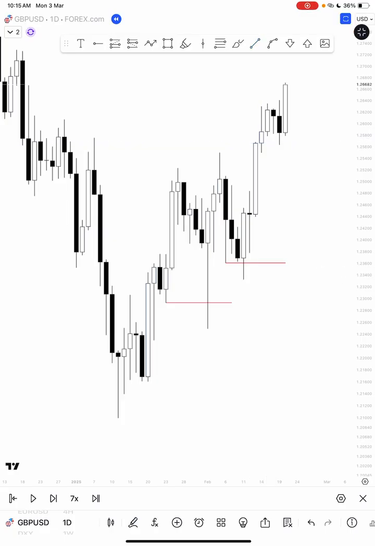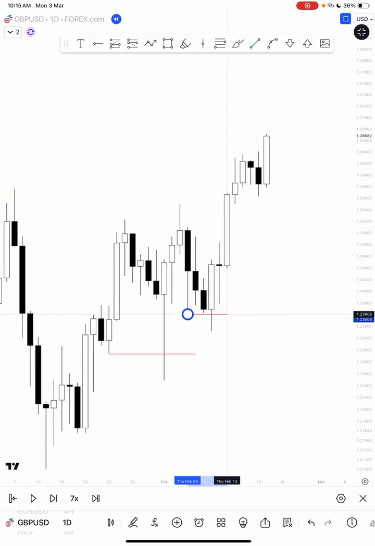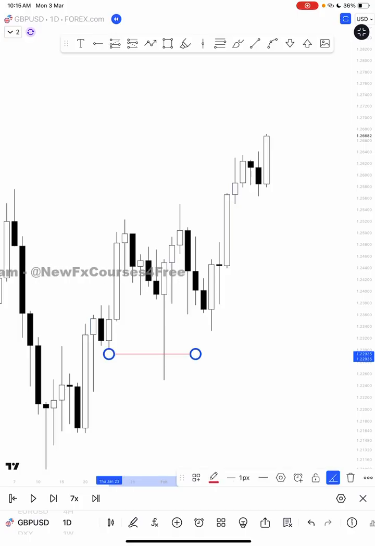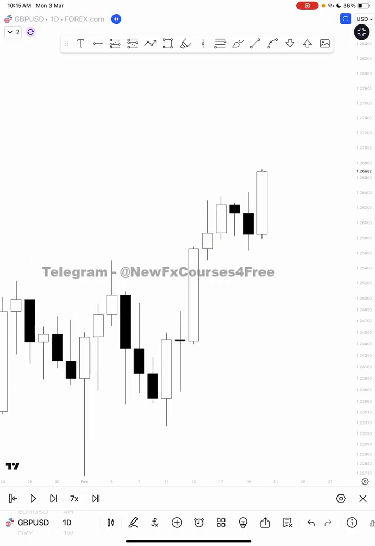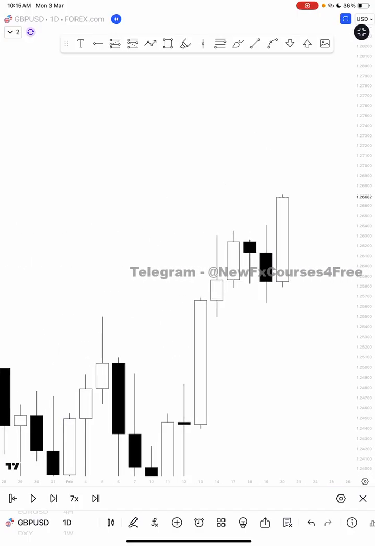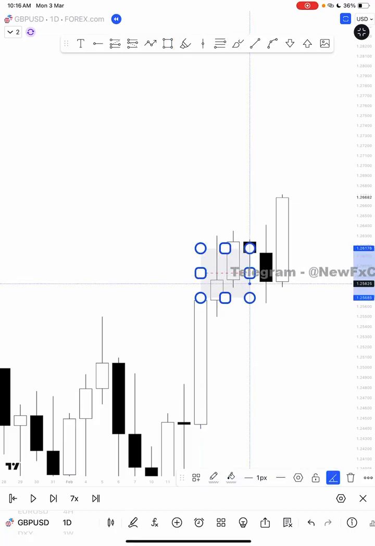So this move downwards here on the daily time frame was a retracement to our short-term drawn liquidity. Remember, I told you two things price actually does. It attacks liquidity pools and it rebalances imbalances. So here you can see this fair value gap here.